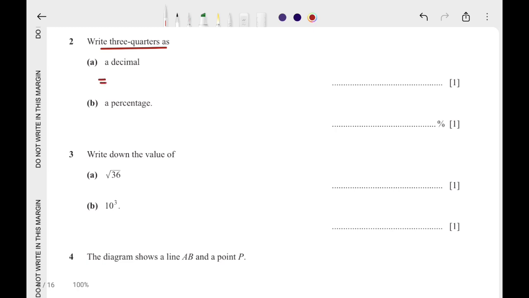3 quarters means that there are 4 parts and it will be 3 divided by 4. Total parts are 4 and 3 parts are written as a numerator. So we have to divide it.